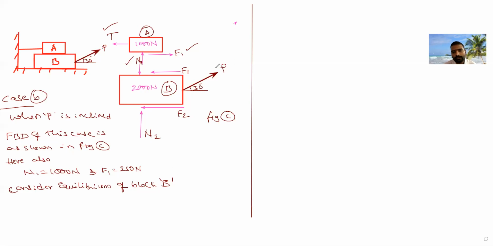In order to find the value of P, what should I know? Sigma Fx equal to 0, sigma Fy equal to 0. So I will apply sigma Fy equal to 0. Can you tell me what sigma Fy equal to 0 is?